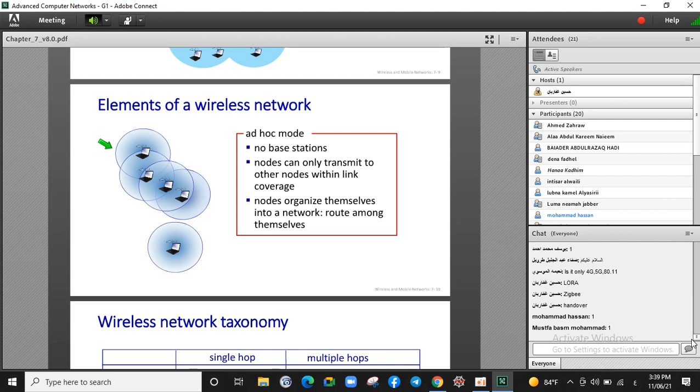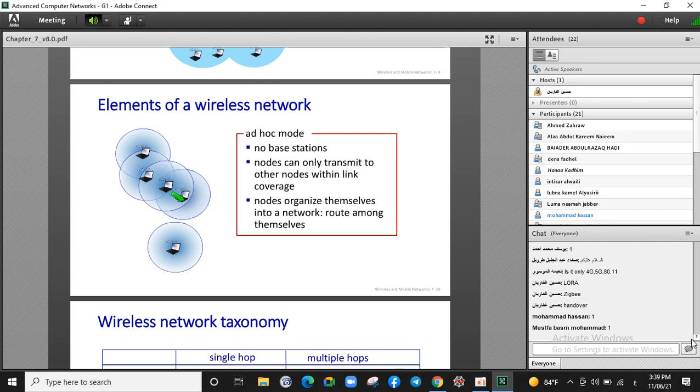The other mode in wireless networks is ad hoc mode. What does it mean? In this type of network, there is no base station in the wireless network. Okay? We have no base station. And then, if the nodes try to send information, they should collaborate together for this communication.